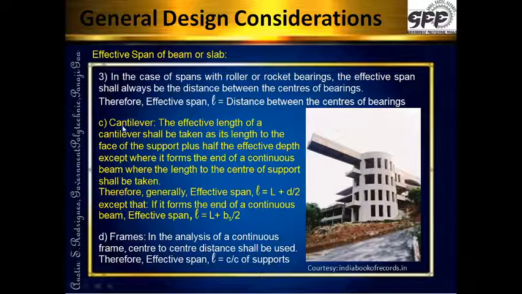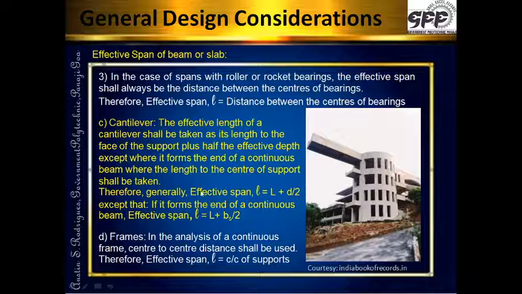The effective length of a cantilever shall be taken as its length to the face of the support, that means its clear span, plus half the effective depth, except where it forms the end of a continuous beam, which means an overhang of a continuous beam, where the length to the center of the support shall be taken.